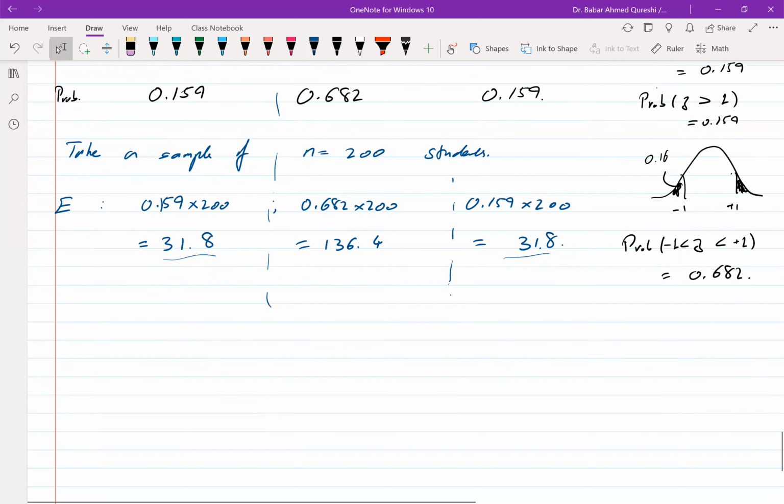Now suppose that when these 200 students were sampled, these were the actual observed numbers of students: less than 60, 25 here, 130 here, and 45 here. Now the question is, based on this sample, can we say that they are following a normal distribution?